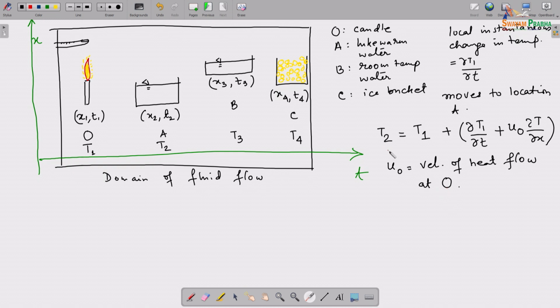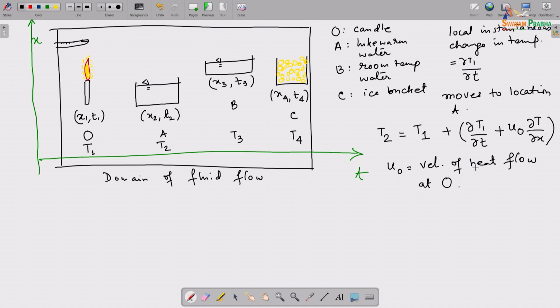So the temperature T2 is essentially now T1, which is what I had originally, to which I applied an instantaneous change because I moved my finger through the candle, and then I moved in space, through the control volume, at a rate u naught, the velocity of heat flow at O. So you can see there is a change in this heat.